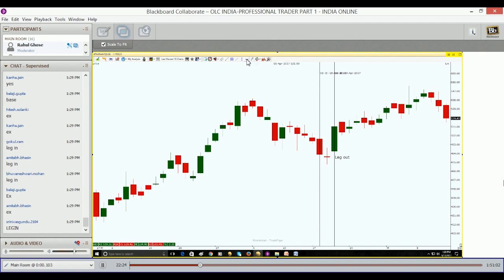Now I mark the highest body of the highest base and the lowest wick of the lowest base, and I call this my demand zone, friends.